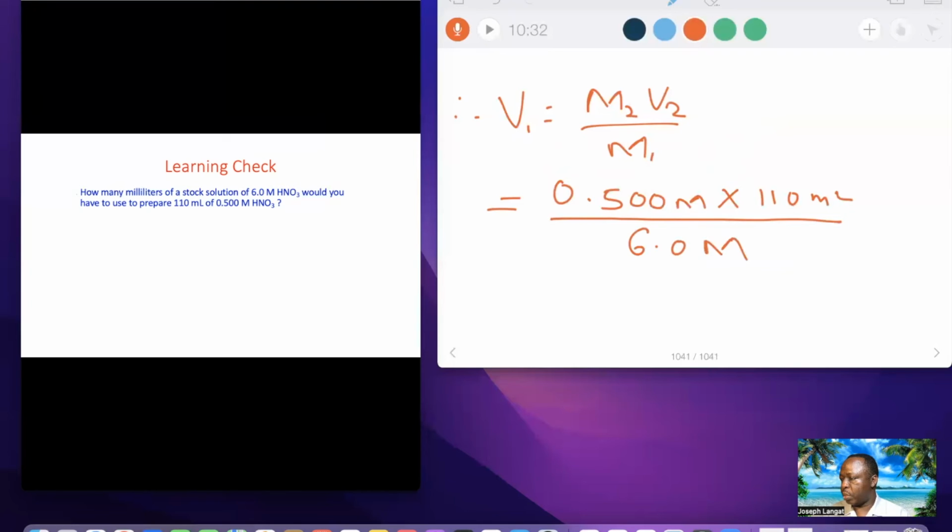It looks like two significant figures, so our final answer will be two significant figures.